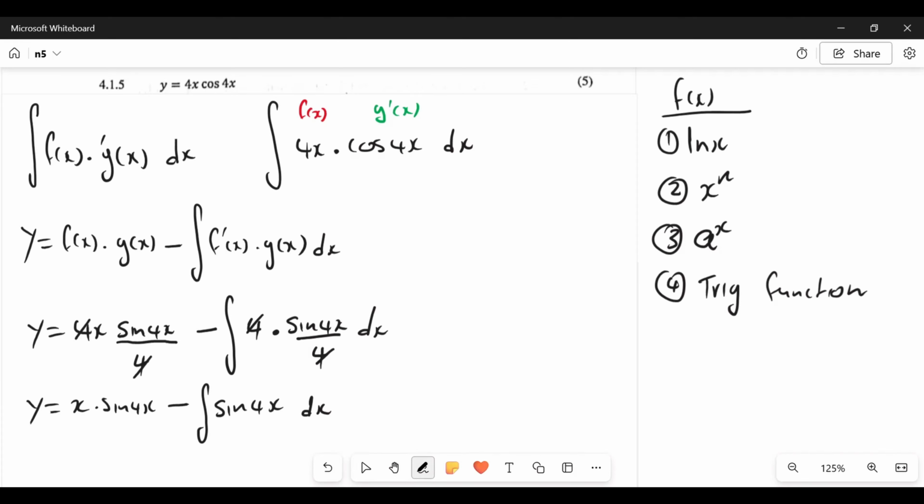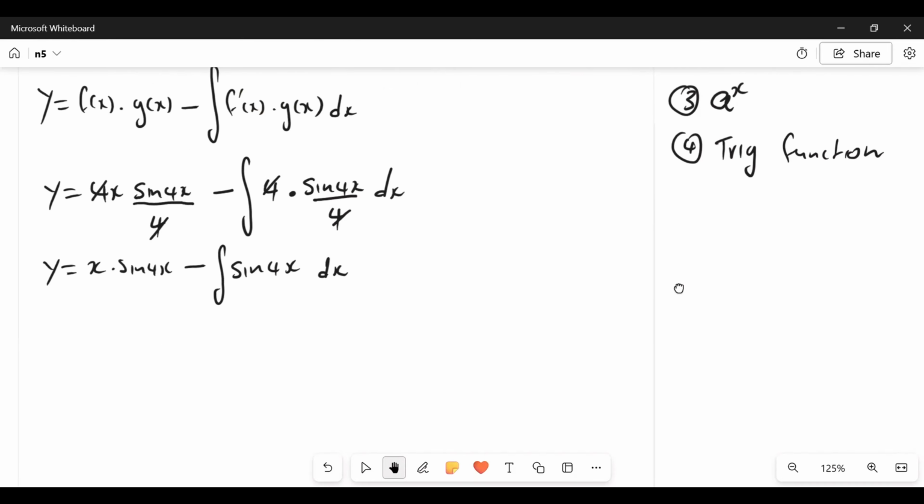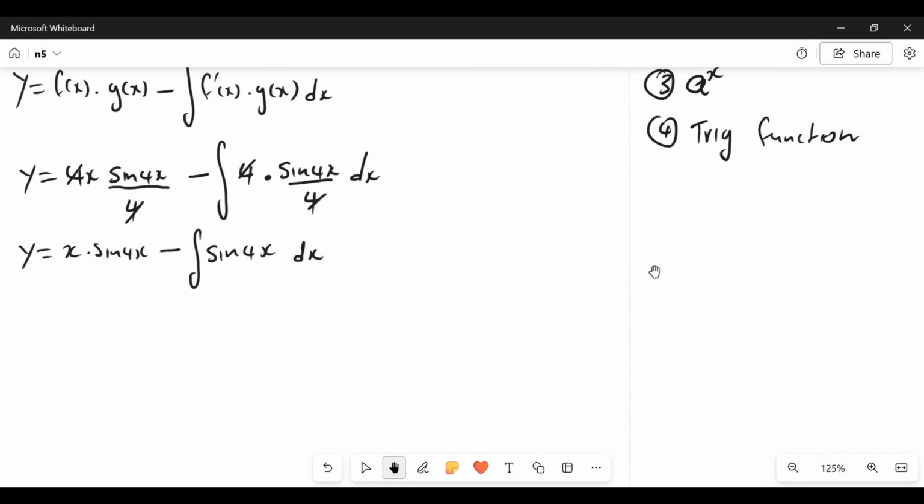So let's continue. Let me create a space here. We have to integrate the last part there. When we continue, we're gonna be left with y equal to x multiplied by sine 4x minus the integral of sine 4x.